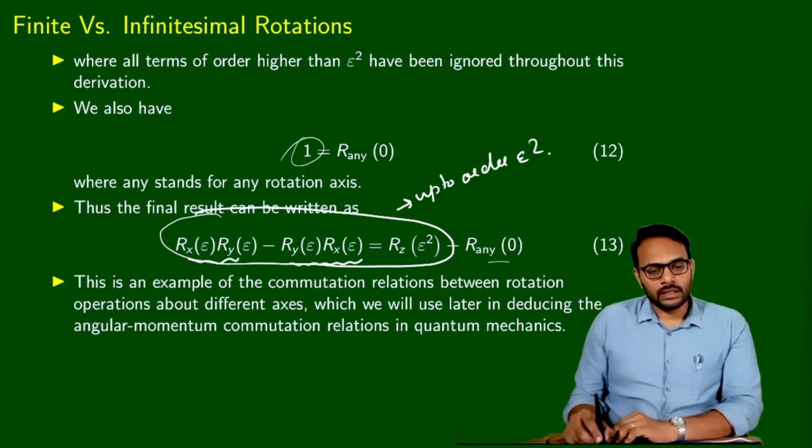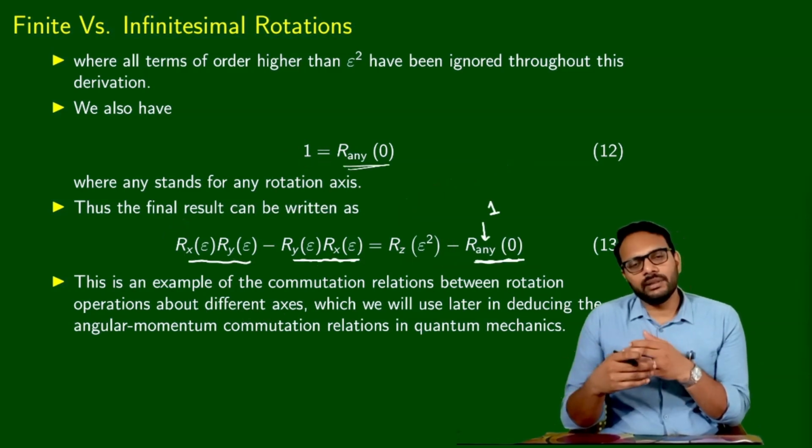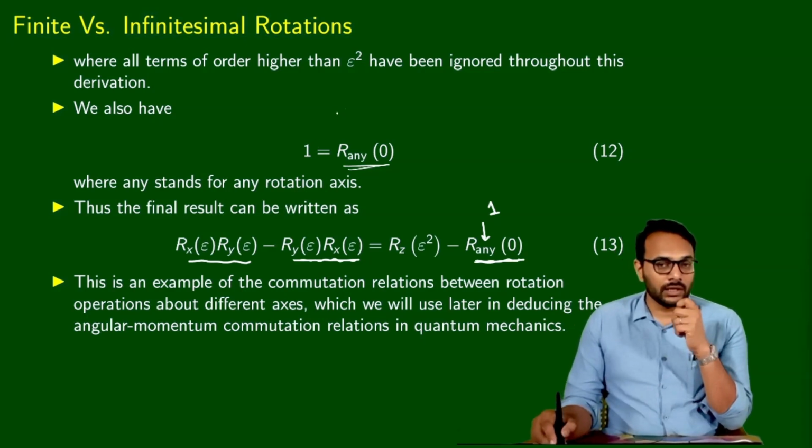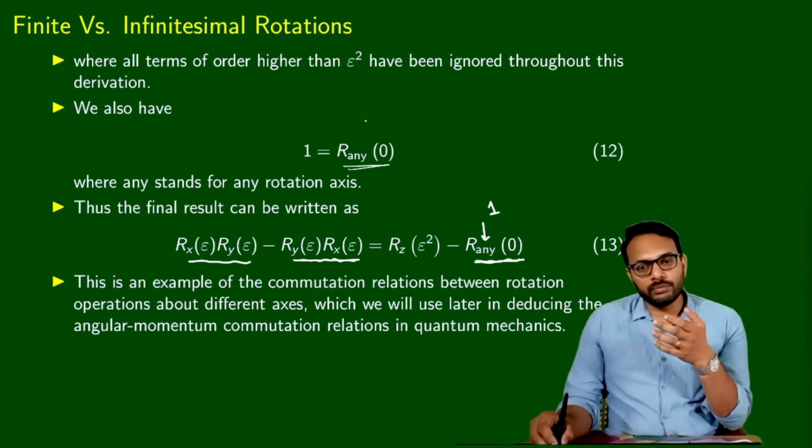So this is an example of the commutation relations between rotation operations about different axes. Why do we do this at the beginning of a chapter about angular momentum? Because in quantum mechanics, we are going to define angular momentum as the generator of rotations.